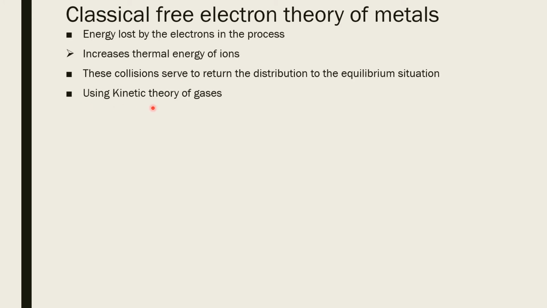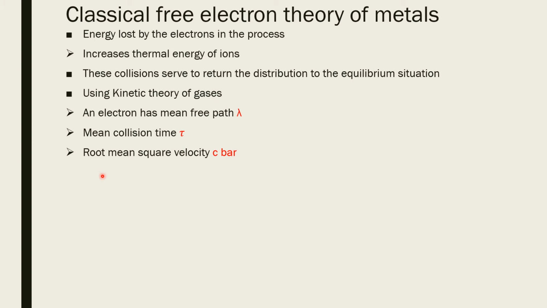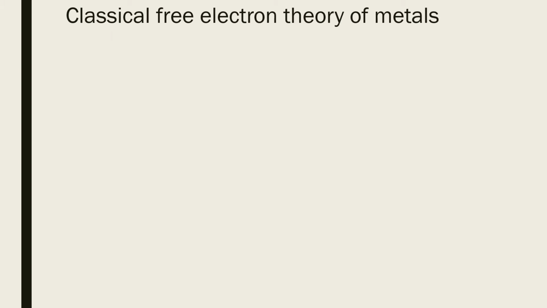Using kinetic theory of gases, an electron has mean free path lambda, mean collision time tau, and root mean square velocity c bar. We will find the expression for c bar.